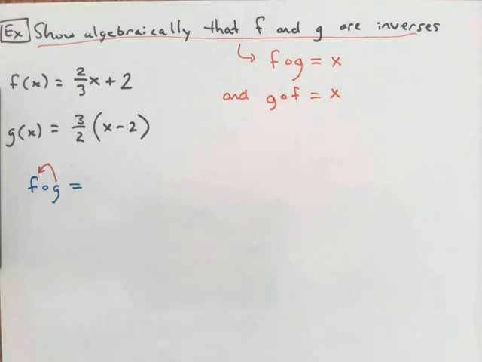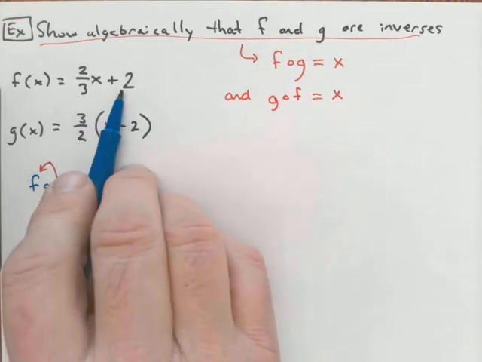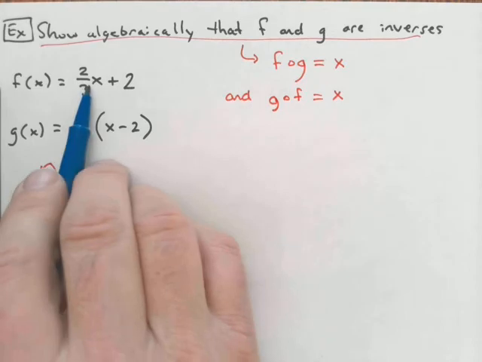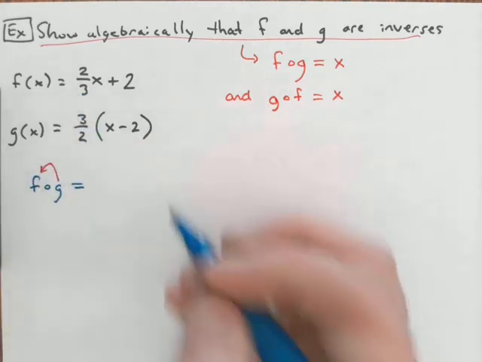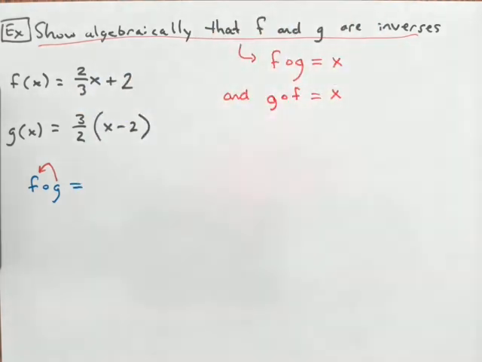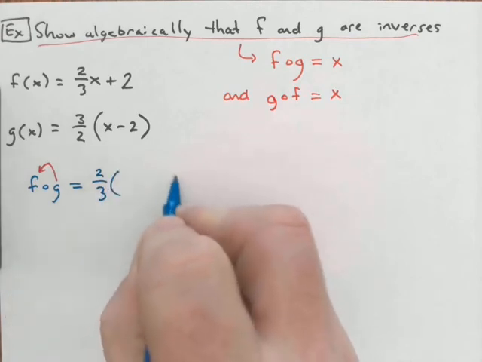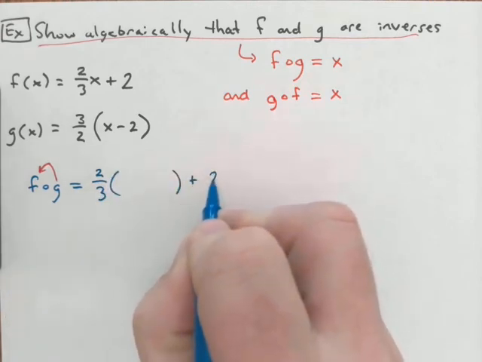One of the ways that you can do that is to copy down exactly what your first letter is, except in place of the x, just put parentheses there. So f is the first letter, so I'm going to copy this down, and I'm going to put parentheses where the x is. So that would give me 2/3 parentheses plus 2.